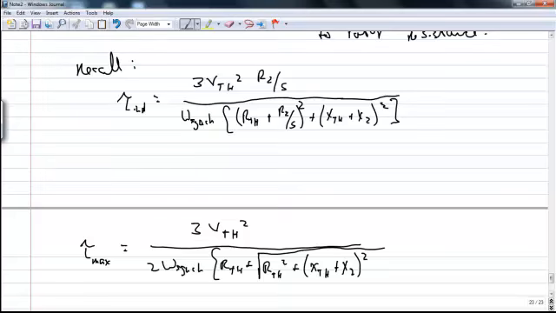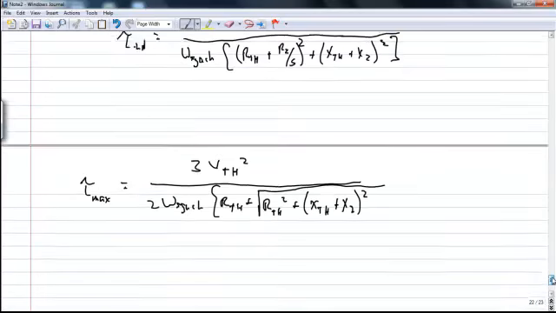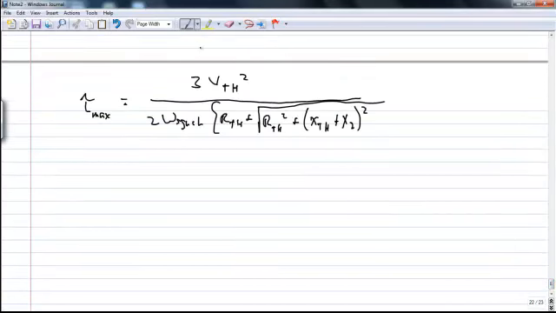And that was accomplished by substituting this expression in for the slip at maximum torque, giving us an expression for maximum torque.